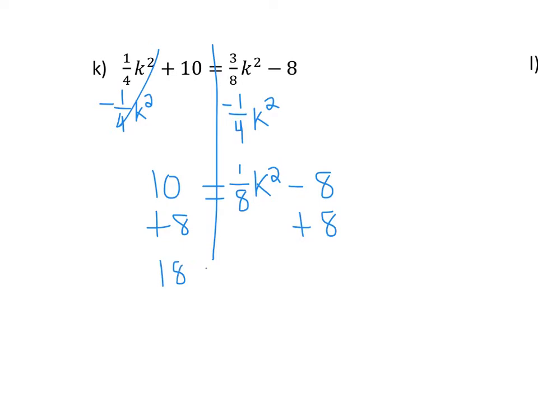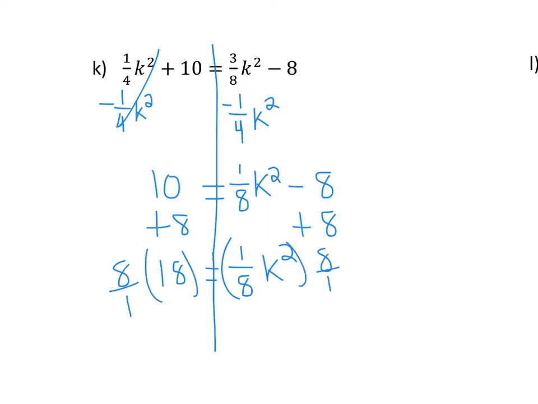We have 18 equals 1/8 k squared. We have to get rid of that 1/8. We could divide by 1/8, or the shortcut is to multiply by the reciprocal, which is 8 over 1. When you multiply, you get 144 equals k squared.